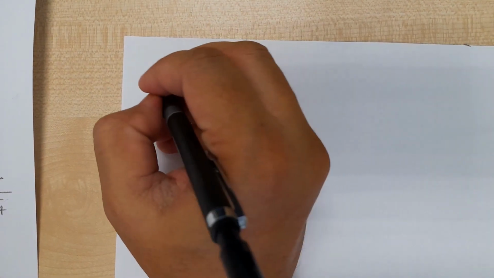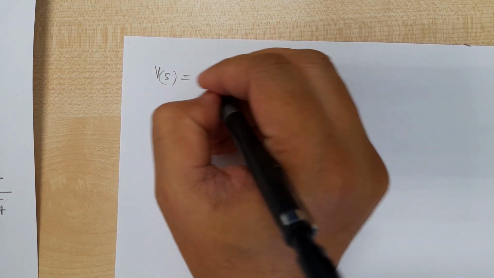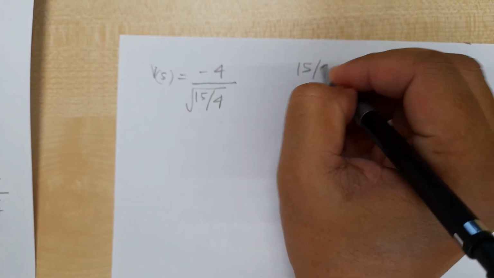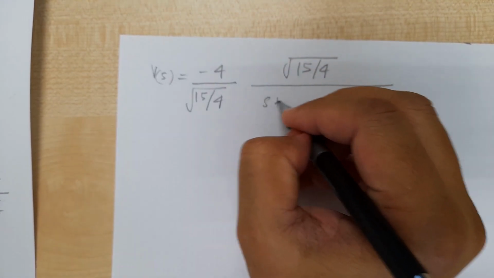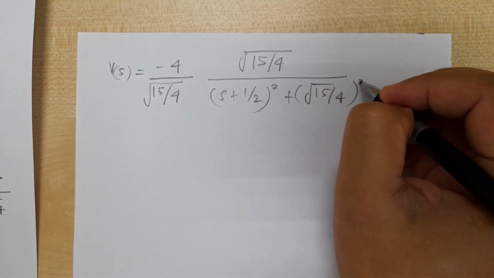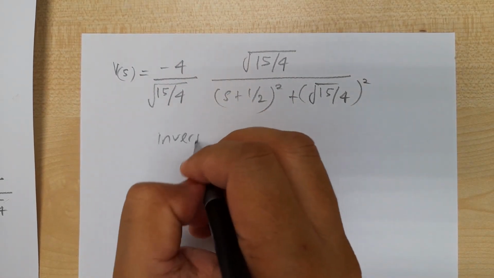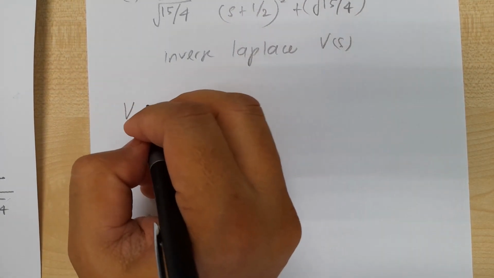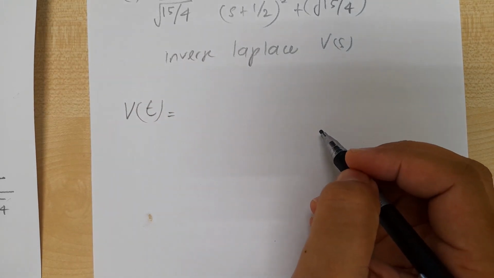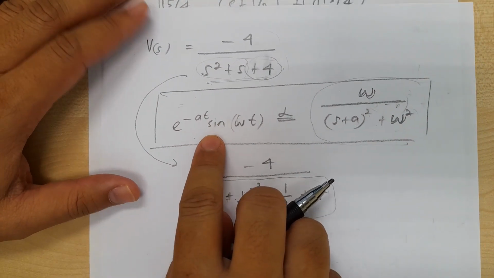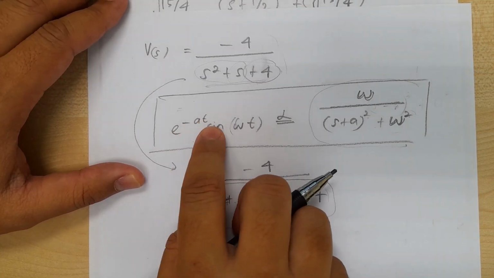Finally, this is V(s), which is negative 4 over the square root of 15 over 4, times the square root of 15 over 4 over (s plus 1 over 2) squared plus the square root of 15 over 4 squared. So we take the inverse Laplace of V(s) to get v(t), and that is this, which is exponential of negative at.